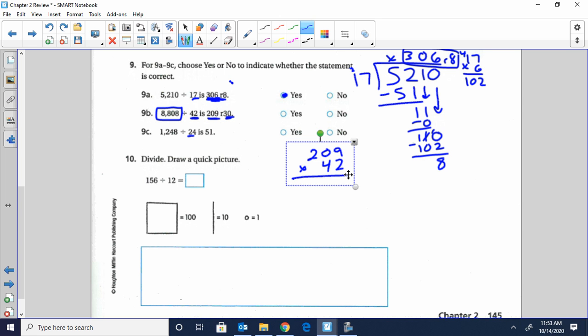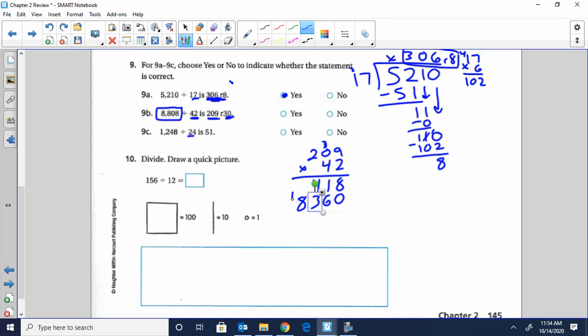Two times 9 is 18. Carry my 1. 2 times 0 is 0, plus 1. 2 times 2 is 4. Drop a 0. 4 times 9 is 36. Carry my 3. 4 times 0 is 0, plus 3. And 4 times 2 equals 8.